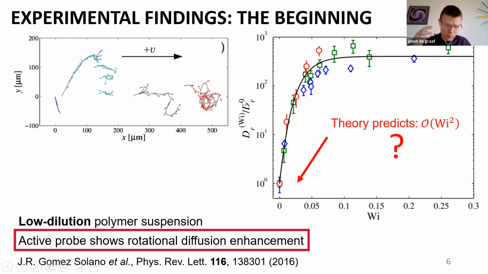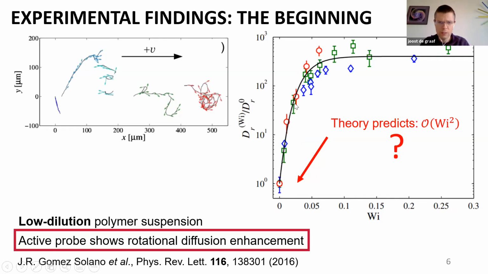And it should be mentioned here that the activity couples to the linear transport, not to the rotation of the particle. And what one sees is enhancements of even a factor of a couple of hundred, which is extreme.